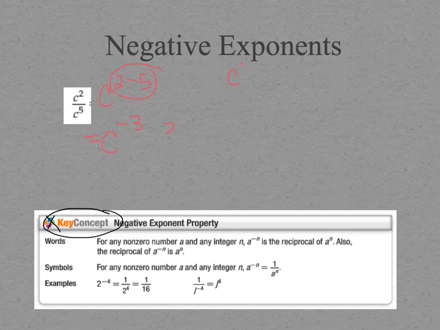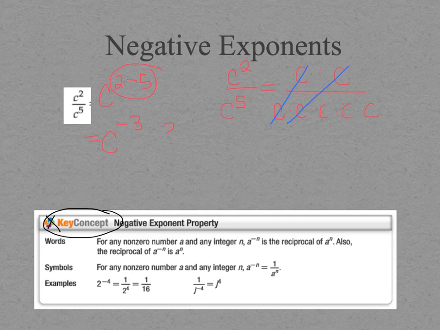Well, let's take this problem again, and let's expand it. C squared means c times c, and c to the fifth is c times c times c times c times c. And remember, every time I see a number or a variable on the numerator and on the denominator, I cancel it out. So I'm going to cancel out these two. And there's nothing left on top.